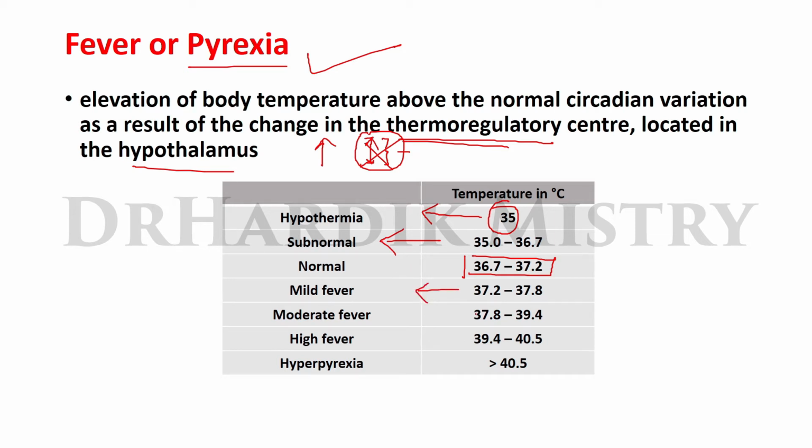When it is 37.8 to 39.4 degrees Celsius, we use the term moderate fever. When it is 39.4 to 40.5 degrees Celsius, it is high fever. And when it is more than 40.5 degrees Celsius, we use the word hyperpyrexia.